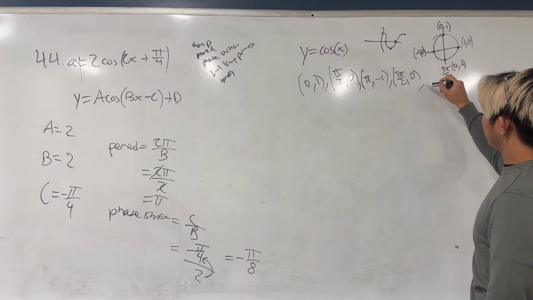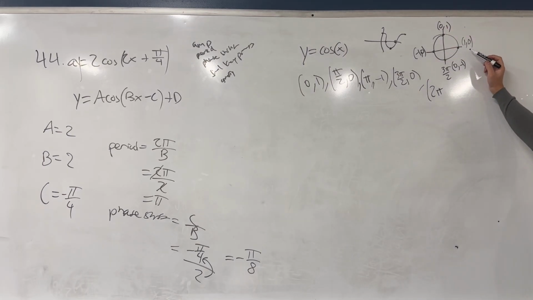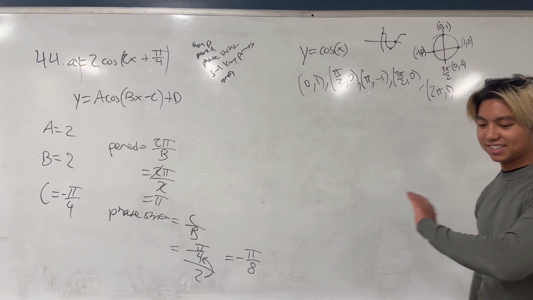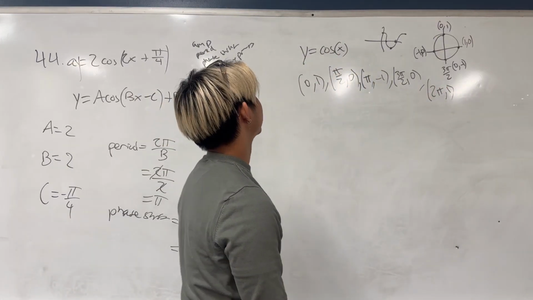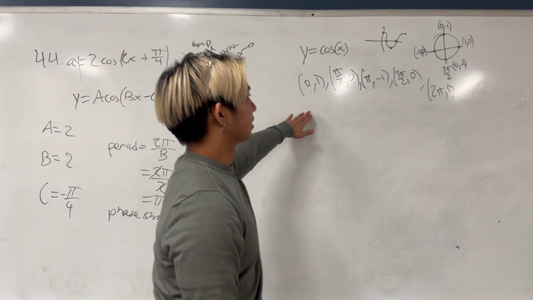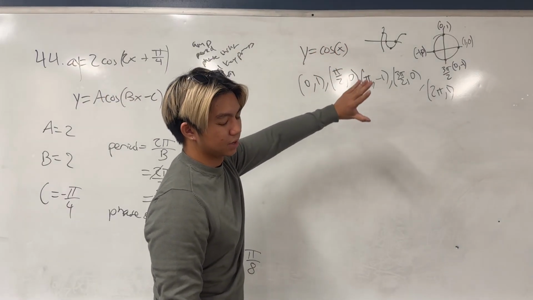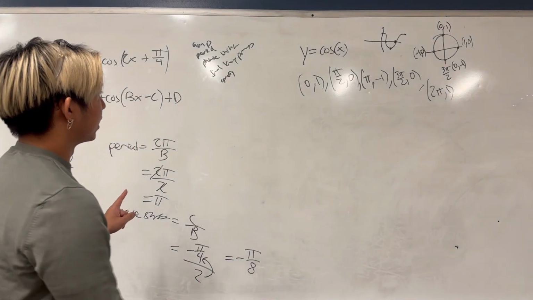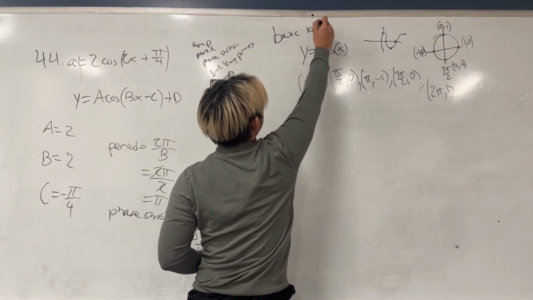And then our final one is 2 pi, because we did a full rotation, and we're back at 1. I hope that explains a lot. These are a given, always the key points for our base function y equals cosine of x. Anyways, moving on. So, final key points. These are the basic key points.